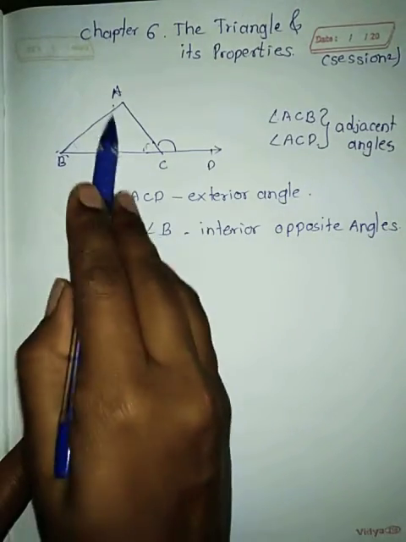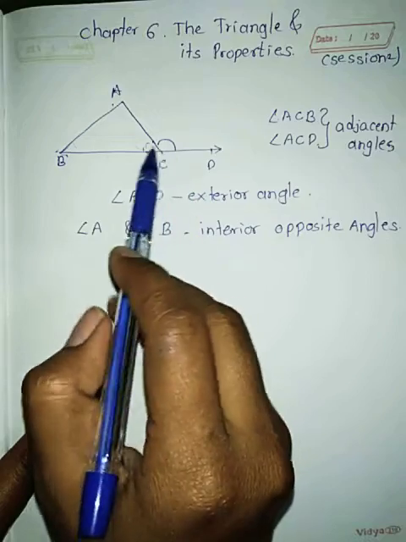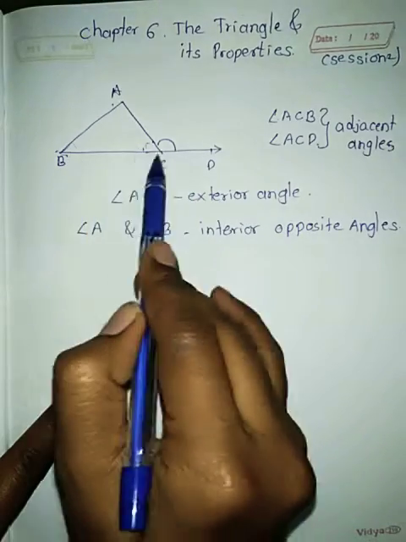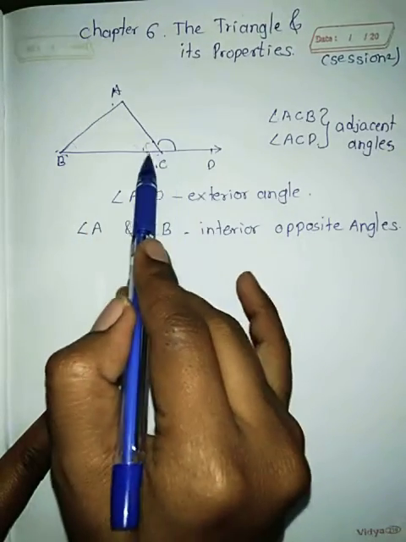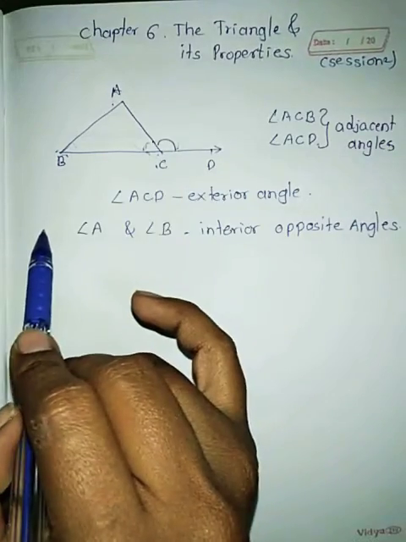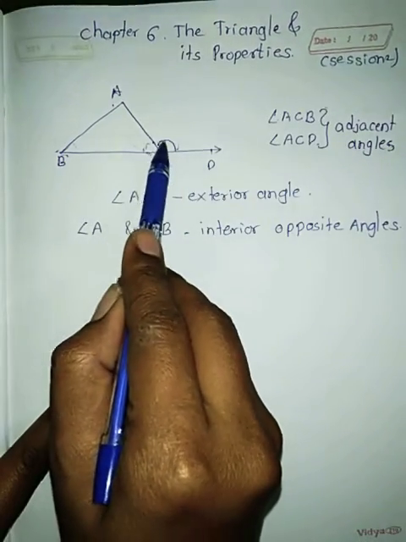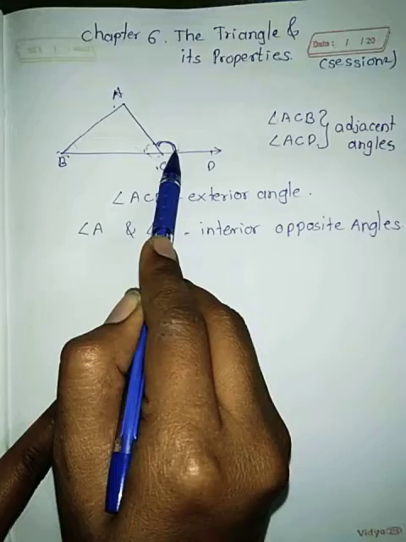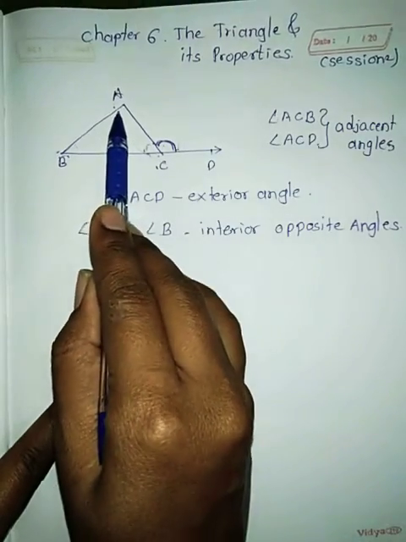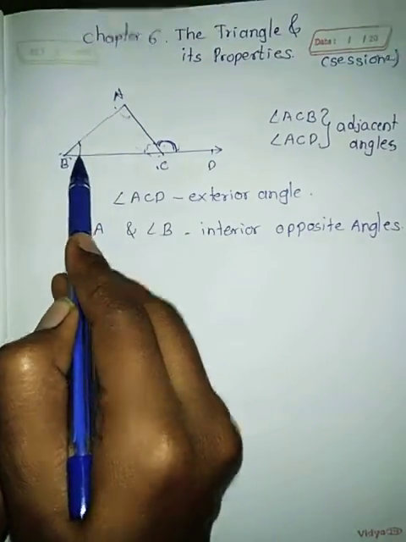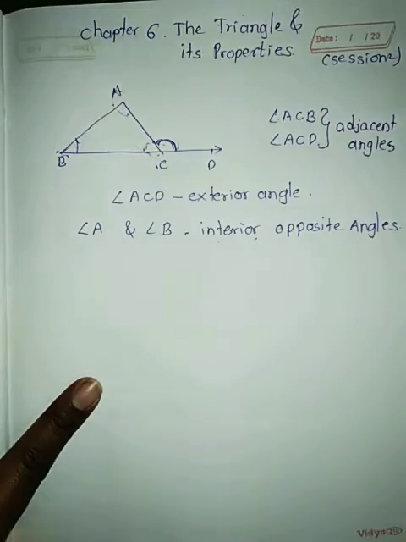See this one, ACD is the exterior angle. This ACB is adjacent to ACD and the total sum is 180 degrees. Angle A and angle B are the interior opposite angles.